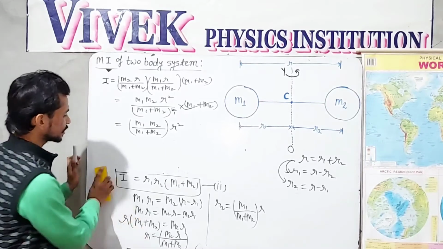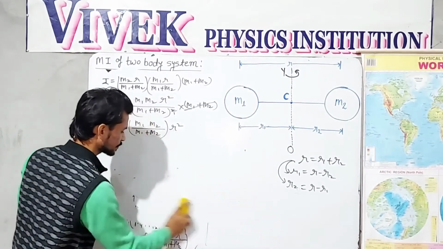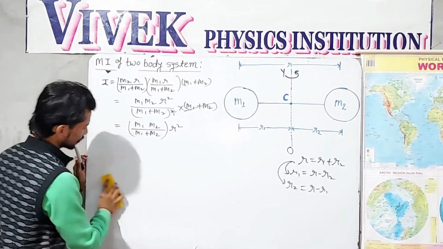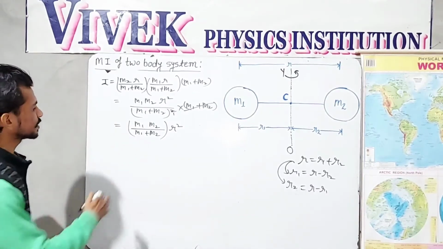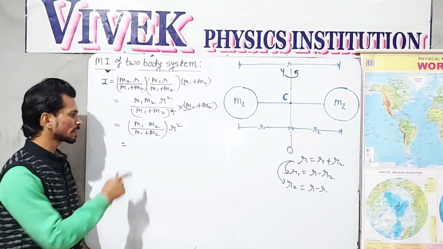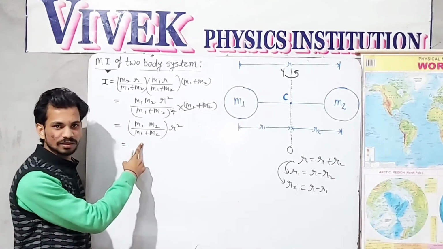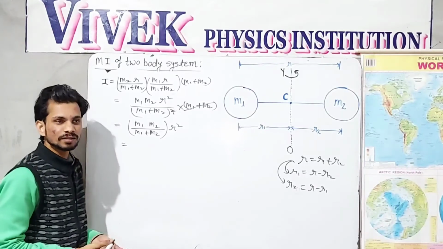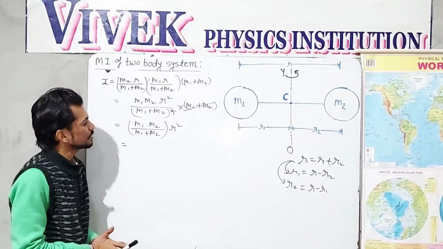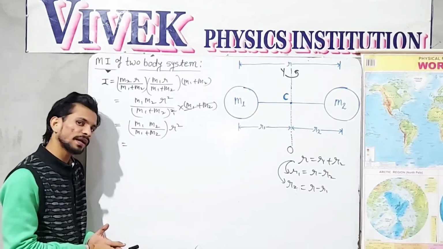Now you got an interesting term here, which is multiplied by R square. If you are familiar with this term, you will be surprised that this is nothing but the reduced mass. The concept of reduced mass we will study in the upcoming videos.